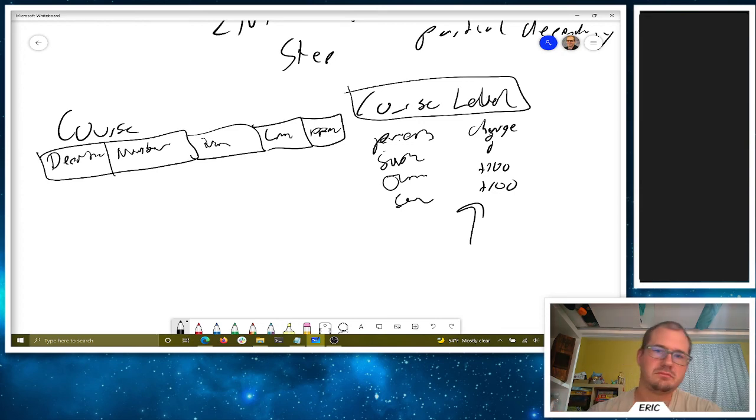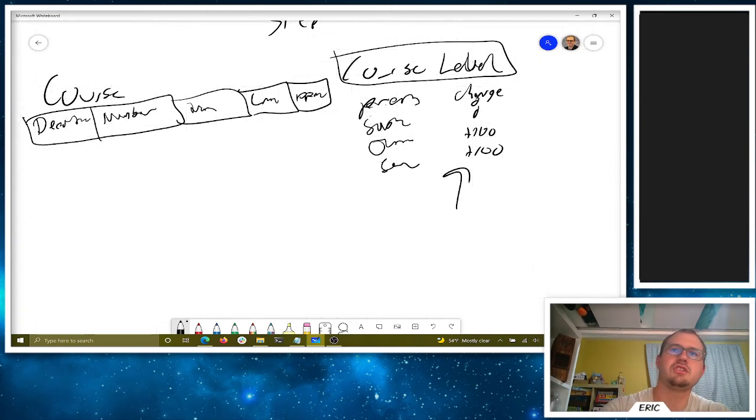And again, you would say a course only has a single course level, but for a course level, many courses will be in that course level, so we have to look at what that relationship is here. Then we're going to make another table to fit that relationship. Because we wanted to get rid of that partial dependency, we can move it off to another table.